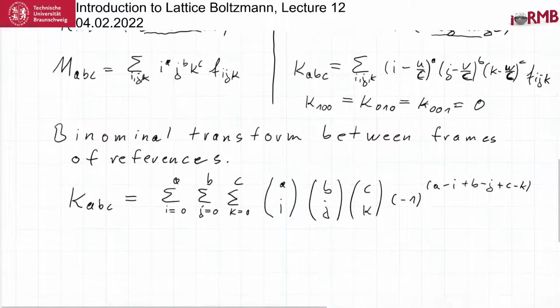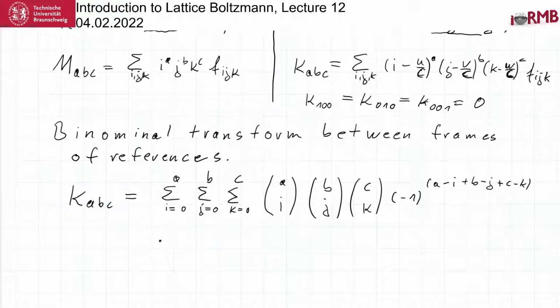Yes, and this is multiplied by the raw moments M_ij: M100, which of course is the velocity, M100 divided by M000.